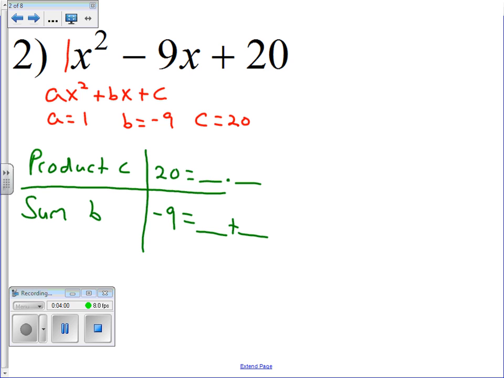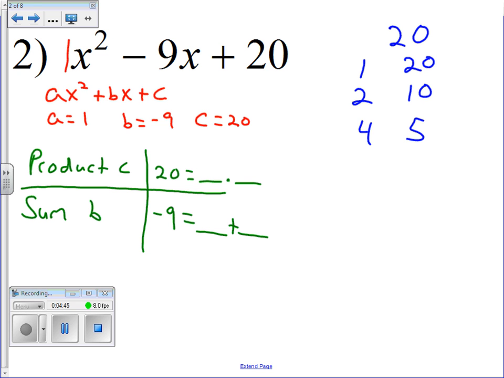Again, we start with the factors of 20, just like the last problem: 1 and 20, 2 and 10, 4 and 5. The sums and differences are 21 and 19, 12 and 8, and 9 and 1. So again 4 and 5 will work to give me the 9, but I have to get the proper sign.